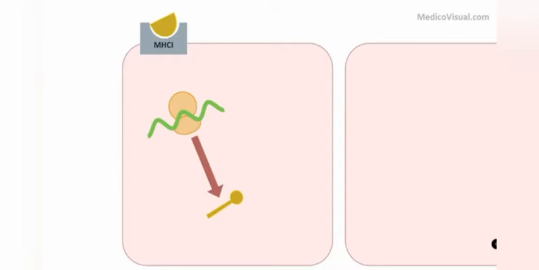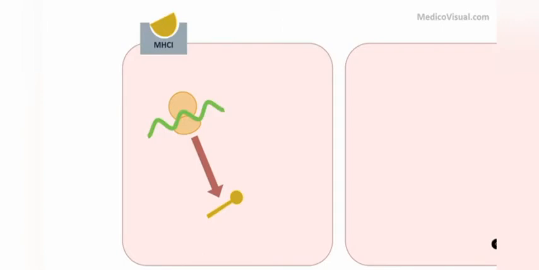Actually all nucleated cells have to present or express their cellular proteins on MHC1 receptor. This is to show the immune system what is going on, what protein is being synthesized inside these cellular factories.